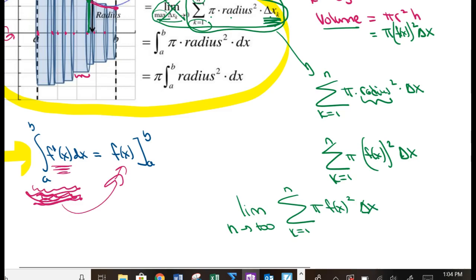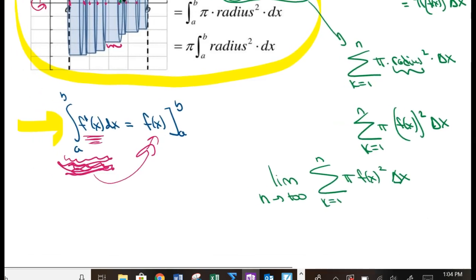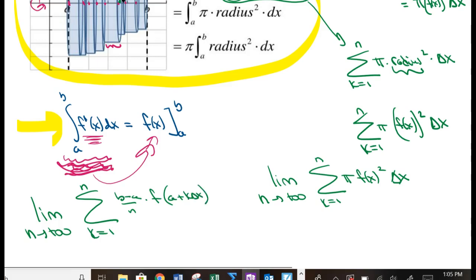Here's what I'm going to do. Watch. Back in the day, we had this: the limit as n approaches positive infinity of the summation from k equals 1 to n of b minus a over n times f of a plus k delta x, right?